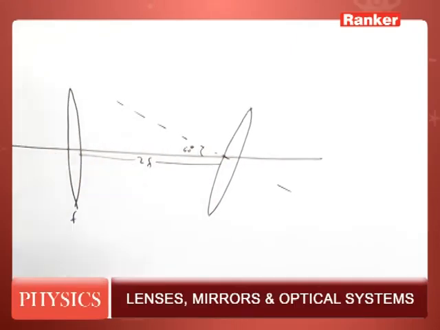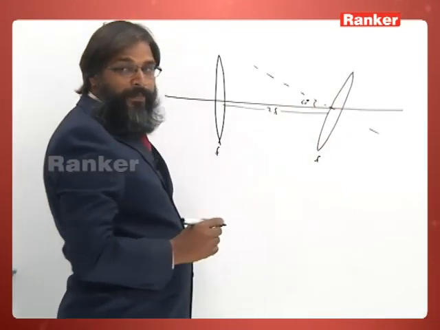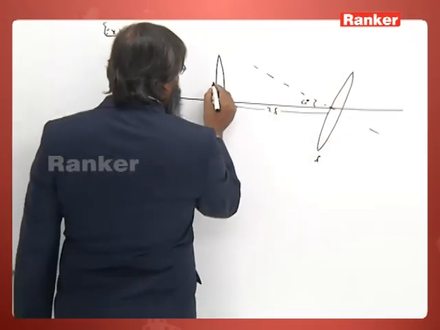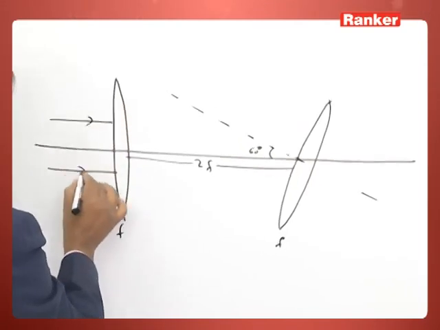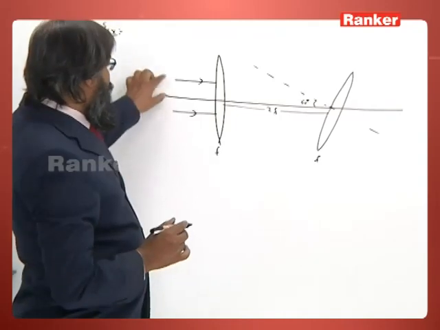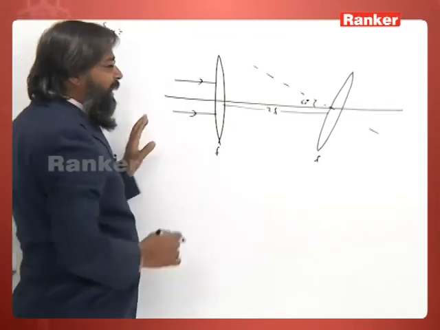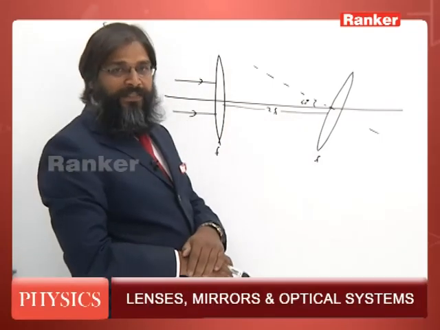So two identical lenses separated by 2f, but its axis is rotated by 60 degrees. Now we wish to calculate, if we have two parallel rays coming from here, from a distant object, where the final image is formed by this combination of lenses.